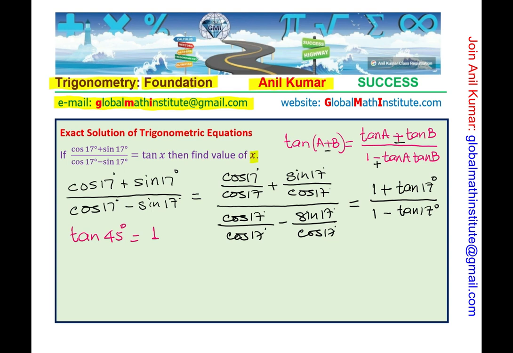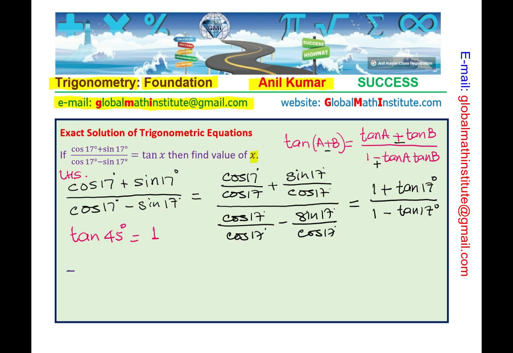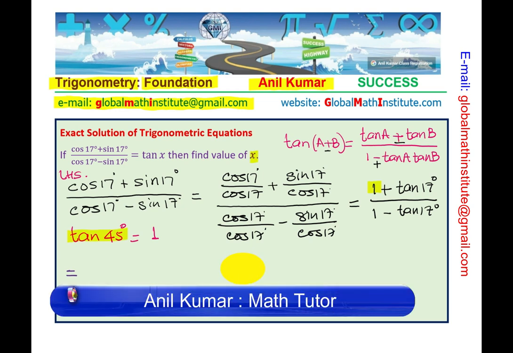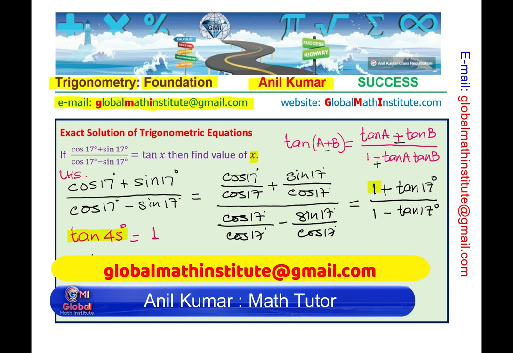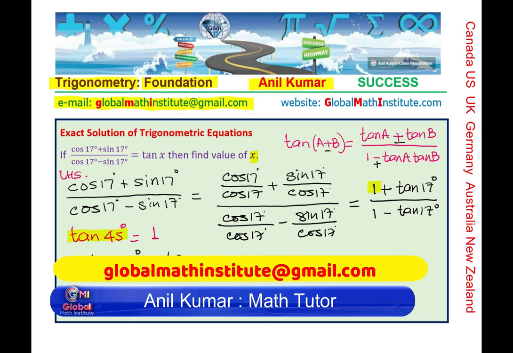So we began with the left hand side, so let's continue with the same. Instead of 1, we put tan 45 degrees. So we get the numerator, which is tan 45 degrees plus tan 17 degrees.